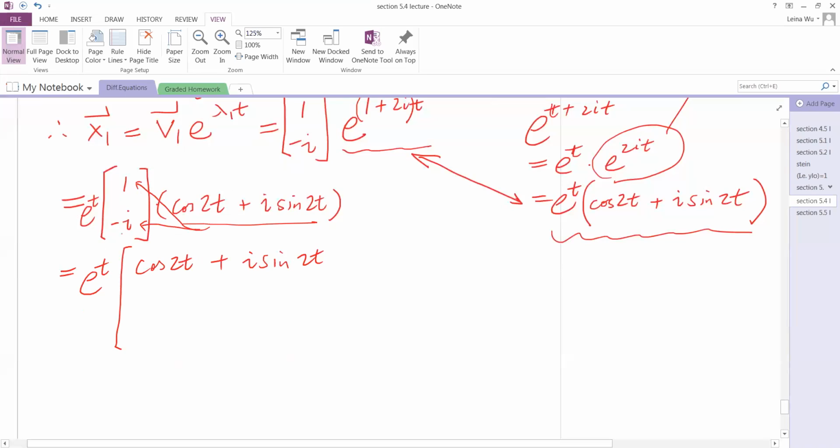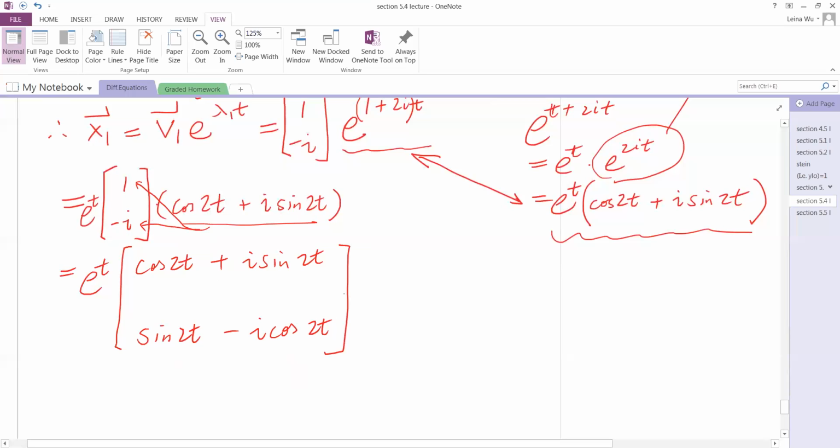To the bottom, I'm having negative cosine 2t times i, so that's negative i cosine 2t. I'm also going to multiply negative i with i sine 2t. What should I have? Plus sine 2t. Correct. So this is sine 2t minus i cosine 2t, right?